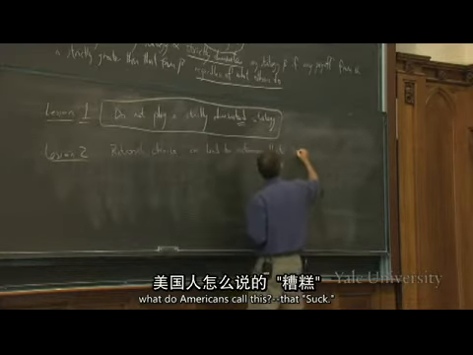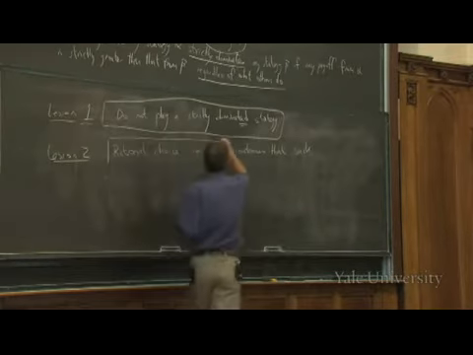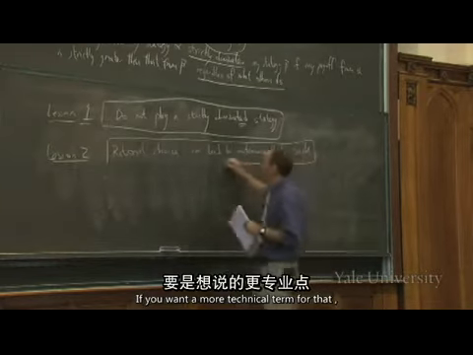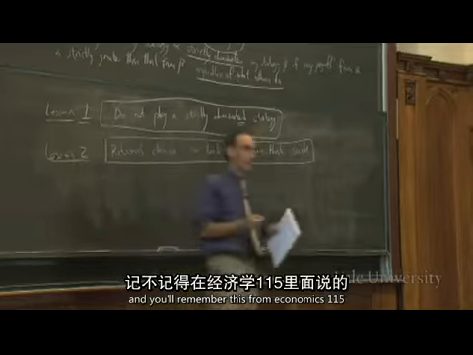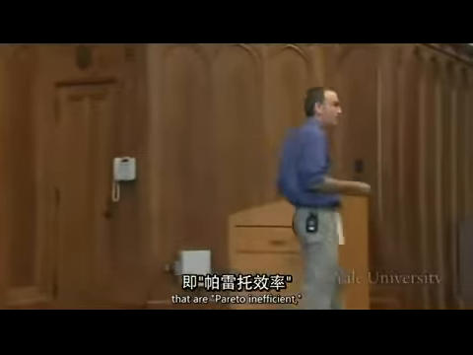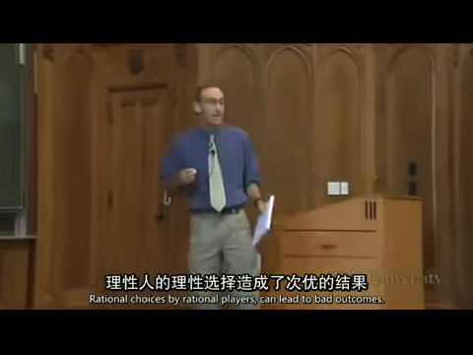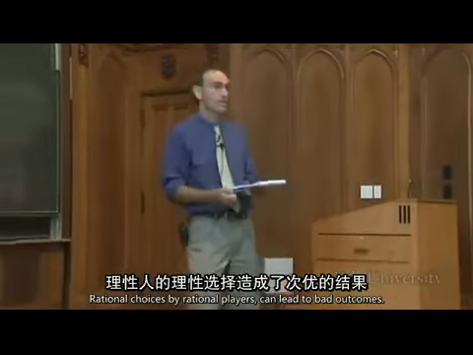That suck. All right? If you want a more technical term for that, and you remember this from Economics 115, can lead to outcomes that are inefficient, that are Pareto inefficient. But suck will do for today. Right? Rational choice by rational players can lead to bad outcomes.